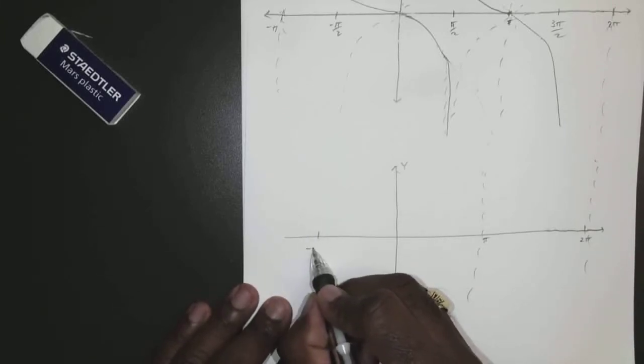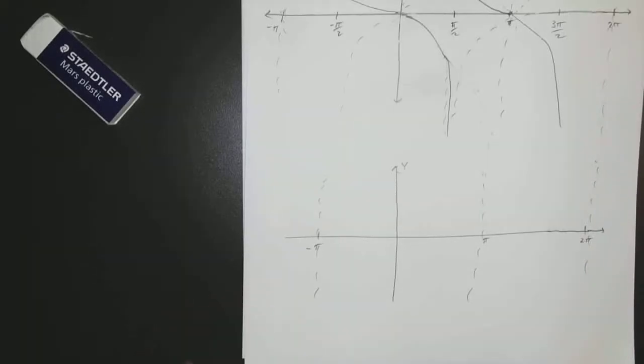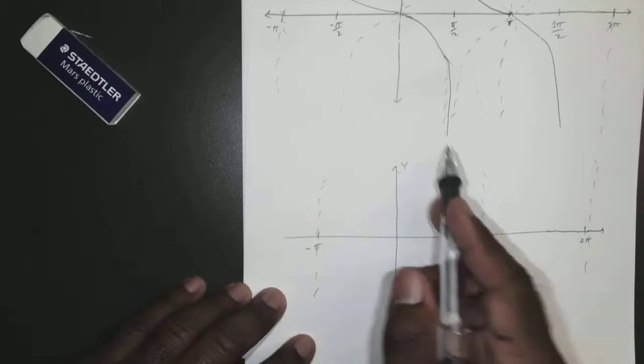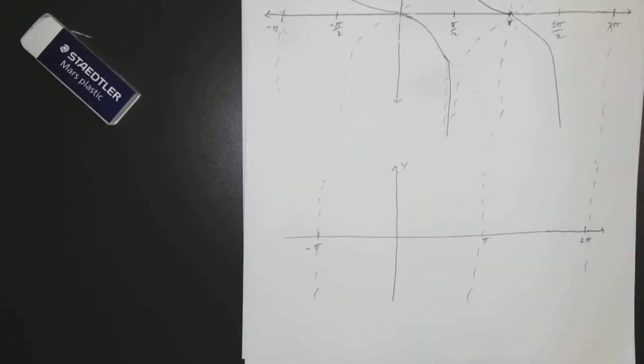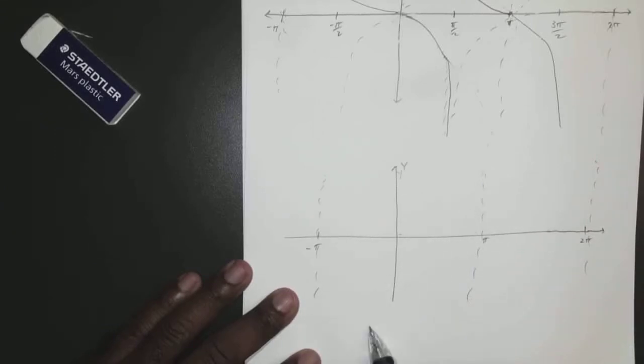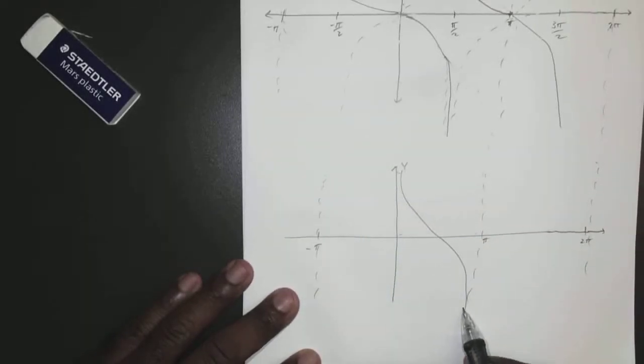And we have our negative pi, and we keep on going. We have our vertical asymptotes there. Remember this is an asymptote too. You have the graph that's pretty much tangent, but it's flipped, and you have different asymptotes. So instead of tangent going like that, cotangent goes like that.